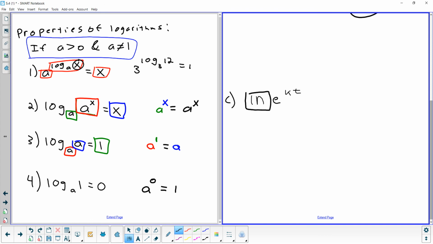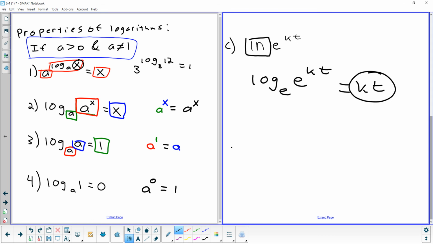Rewrite this, instead of the short way, in its long form. Log base e. ln means log base e. And then put the rest of it. Now it looks exactly like example 2. What would the answer be when you simplify? kt, whatever k times t is.